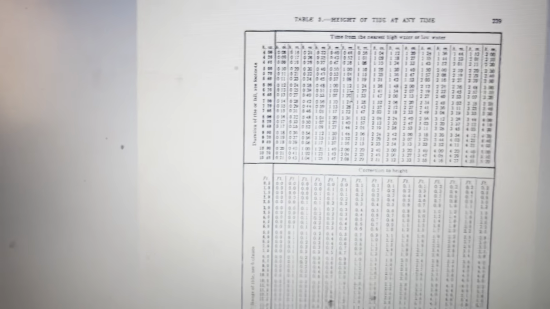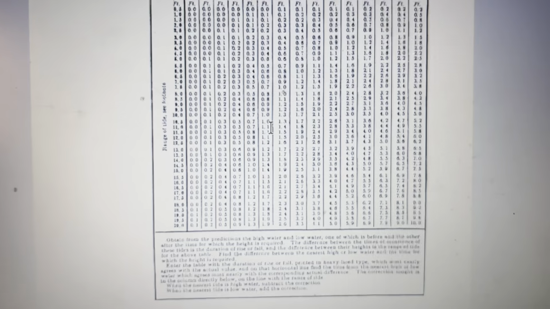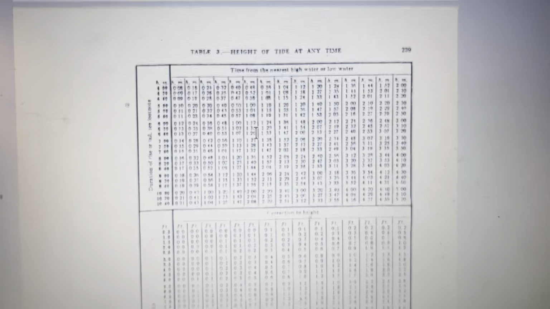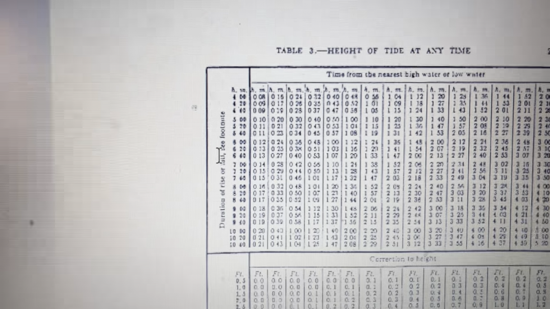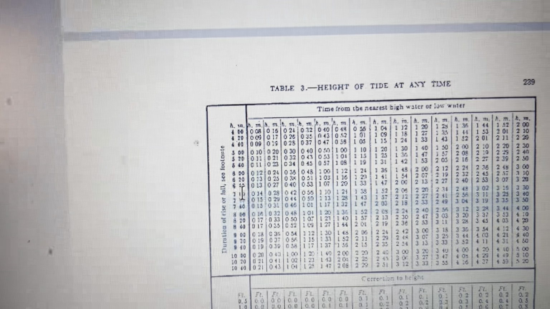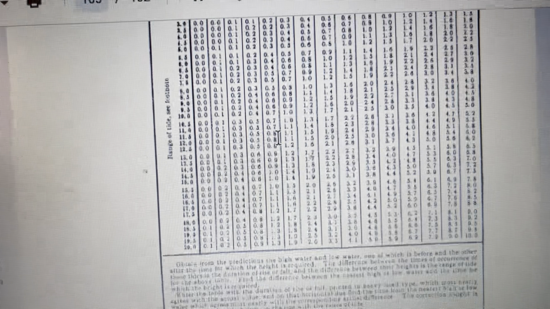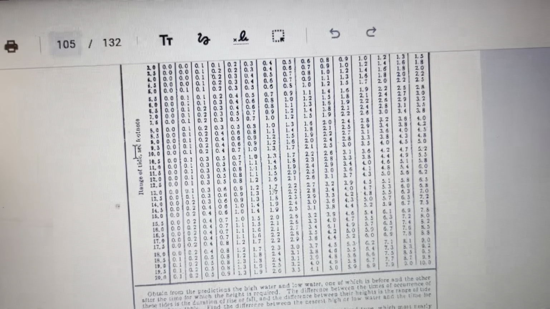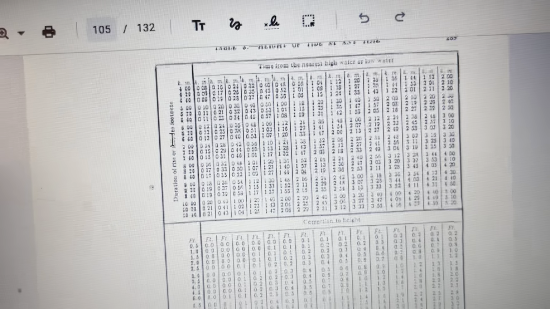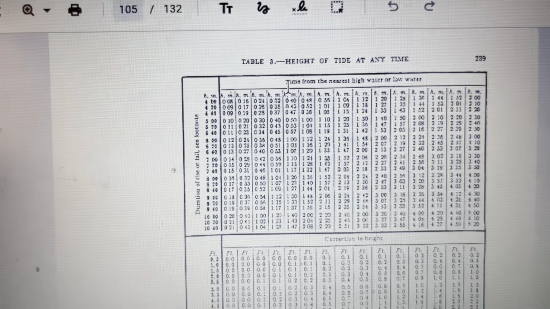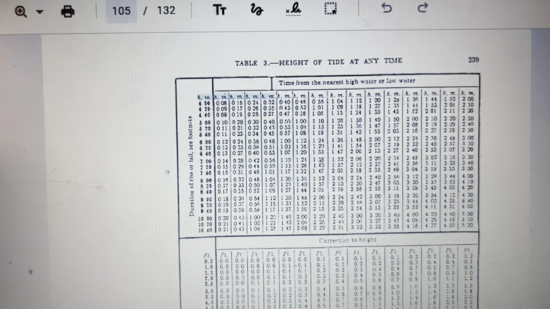Well, you can use this table here to apply a correction factor to adjust from the height at that high tide or that low tide down to what specific time you want it to be. The way it does this is it compares the duration of rise or fall, like I showed in the last video, the time between the high and the low, the range of the tide, which is the difference in height between the high and the low, and then here is the last factor, the time from the nearest high or low water.